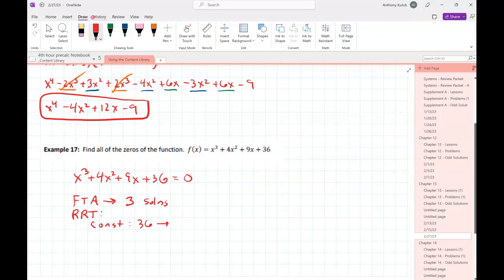The factors of 36 are 1, 2, 3, 4, 6, 9, 12, 18, 36, right? And really all of these are plus or minus.